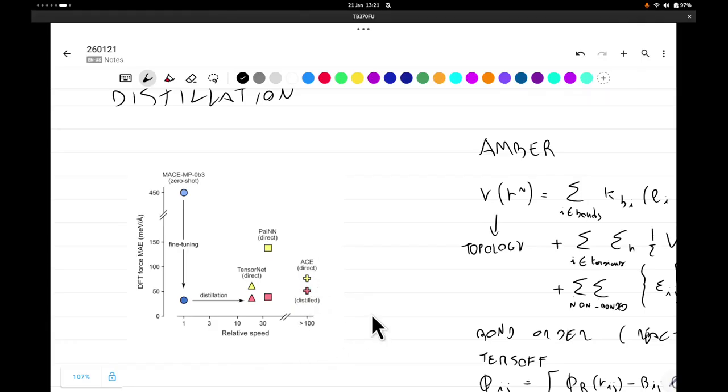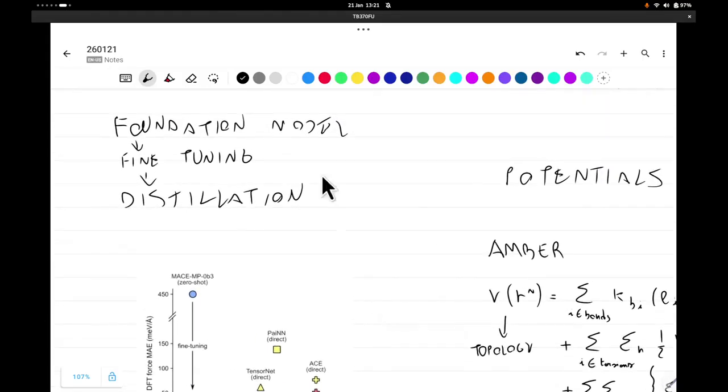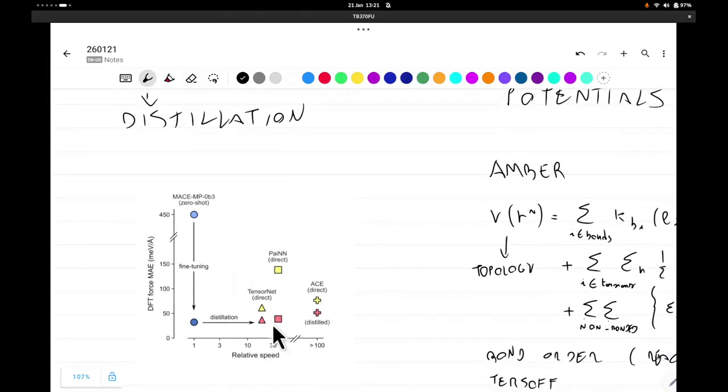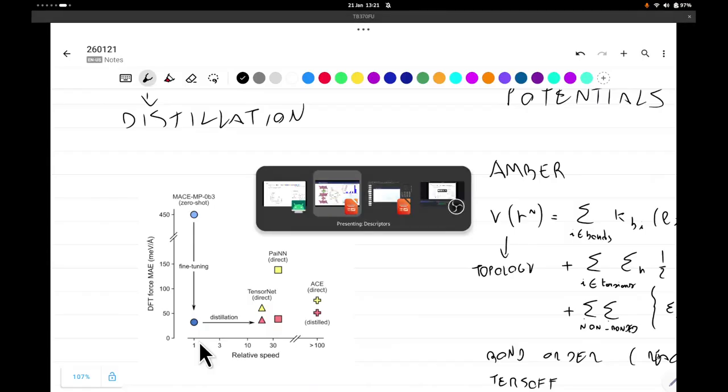So basically, it is a way to train better light models, right? So the workflow is starting from a foundation model, fine-tune it, use the fine-tuned foundation model as a data source for training a simpler model that would not generalize as well as the foundation model, but it will be very accurate. As you see, similar accuracy as the fine-tuned foundation model. Okay, that's it for machine learning interaction potential. Thank you.